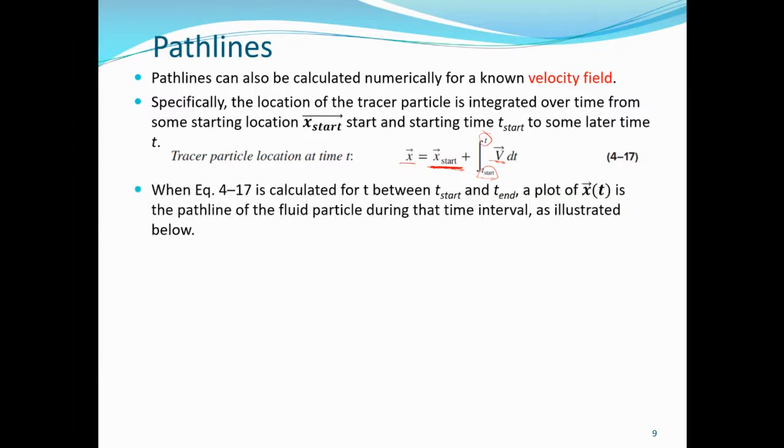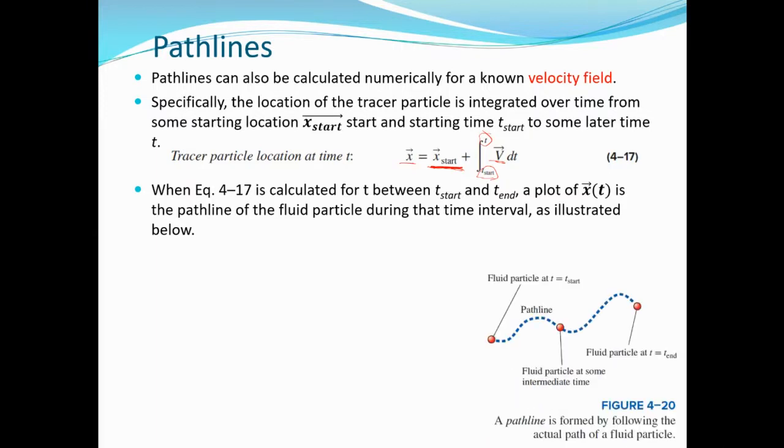When this equation is calculated for t between t start and t end, a plot of x of t is the path line of the fluid particle during that time interval, as illustrated below. So if you have this, this is the starting point, the initial point. This is the path taken by the fluid particle at some intermediate time, and then it moves. This is the end time, T equal t end. The path line is formed by following the actual path of a fluid particle.